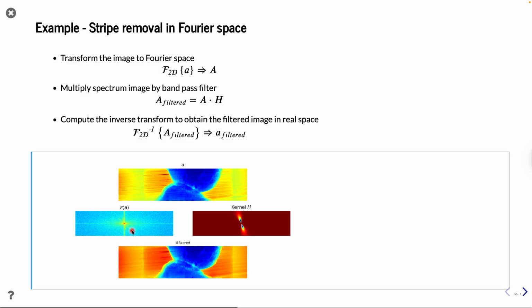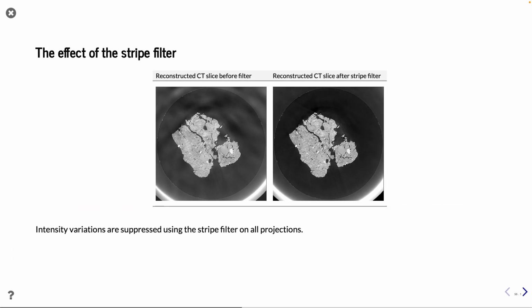So I created a kernel looking like this, with strong filtering at low frequencies and a little bit less at higher frequencies. When I applied that, I got rid of quite some degree of these stripes, and that was sufficient to produce better reconstructed images in the tomography, because this was just a single projection from a tomography, and we need many in order to do our reconstruction.